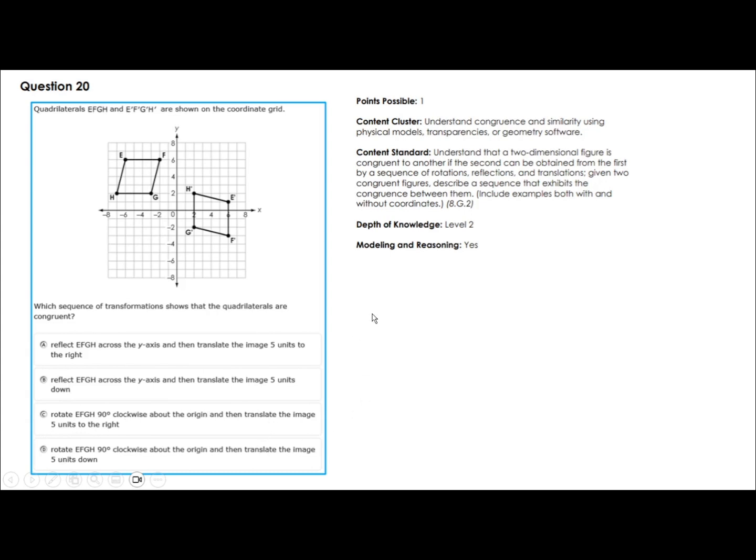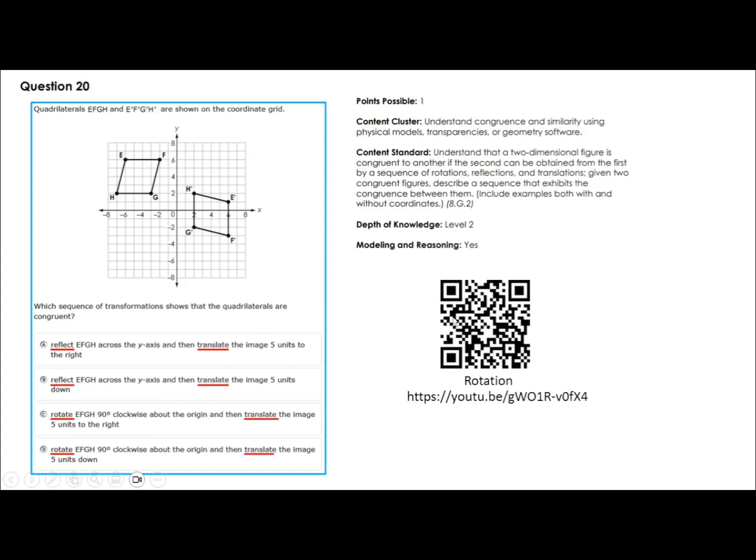Students normally really don't make mistakes on reflection and translation. They make mistakes on rotation. So again, I recommend that you watch this video on rotation before you do this. It will help you quite a bit.